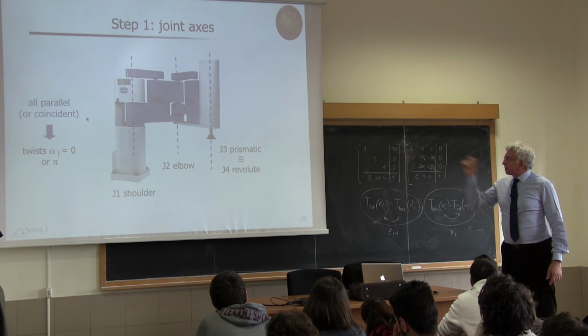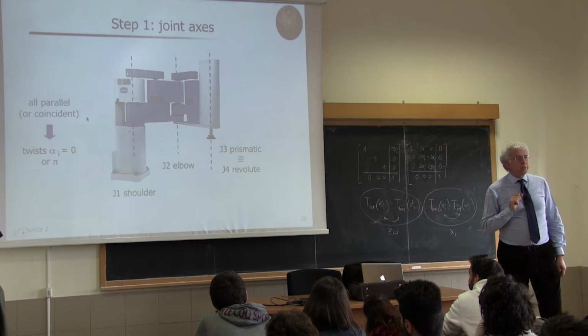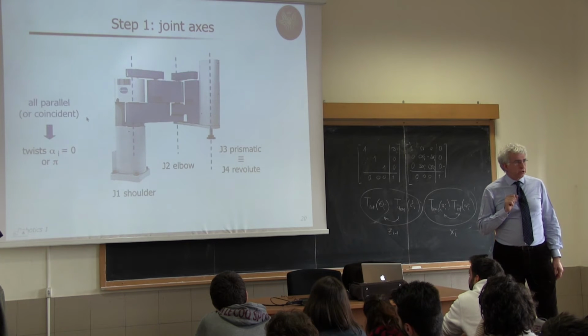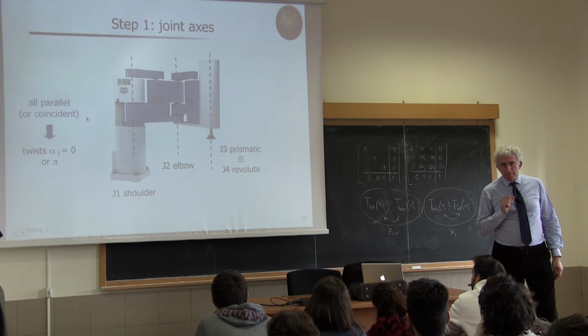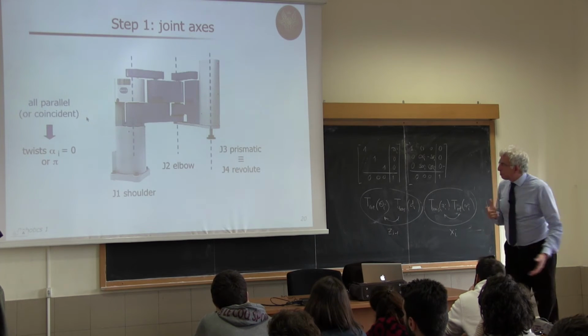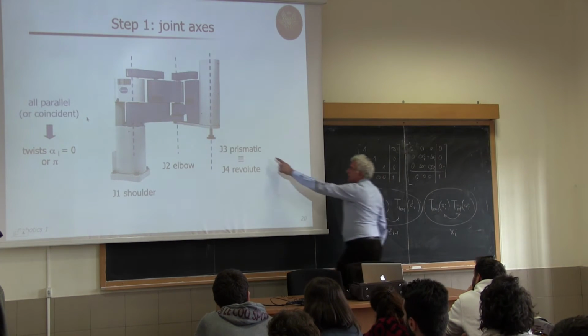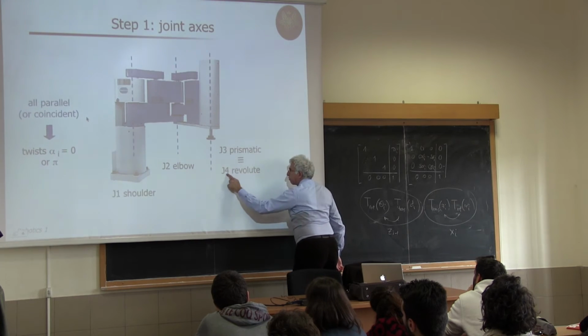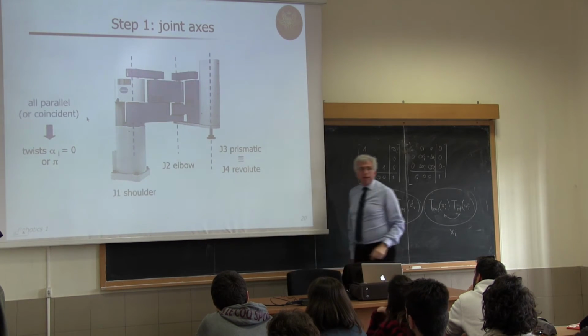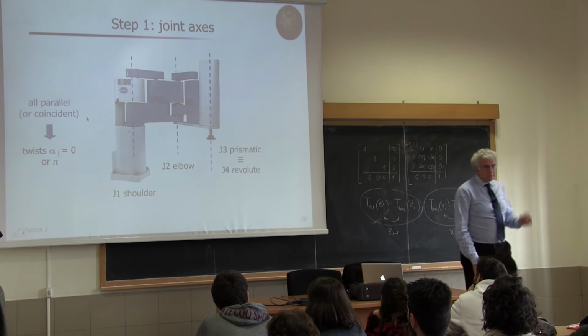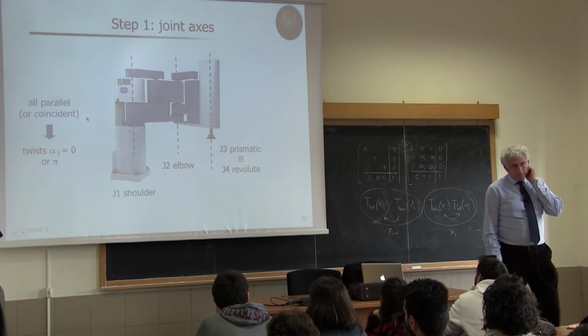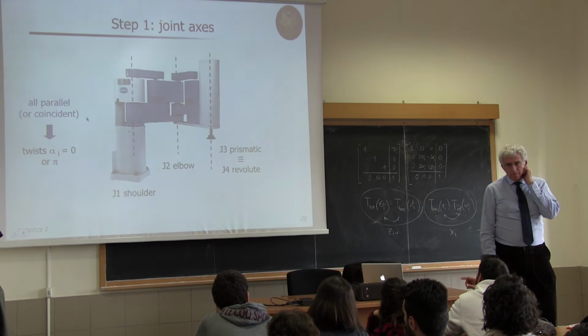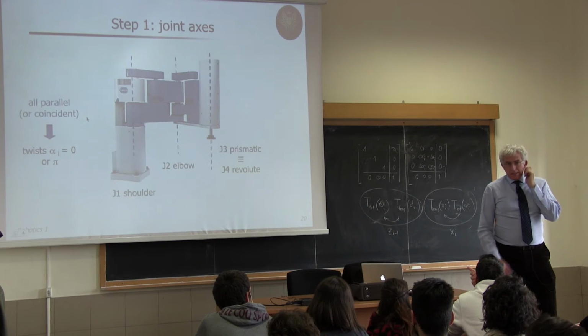Now, question. Why am I saying that the prismatic joint comes before the 4th revolute joint and not vice versa? Who tells me that this is the 3rd joint and this is the 4th joint and not vice versa? It's a chain.